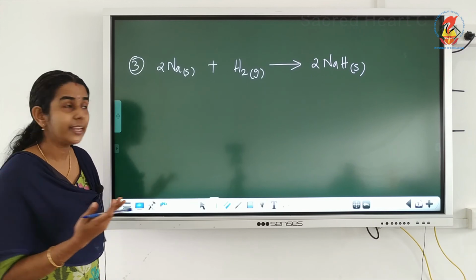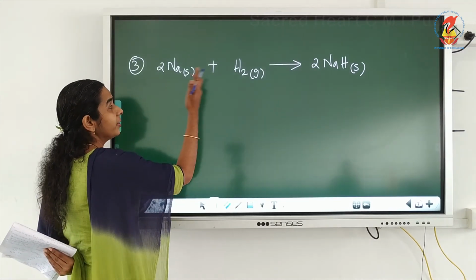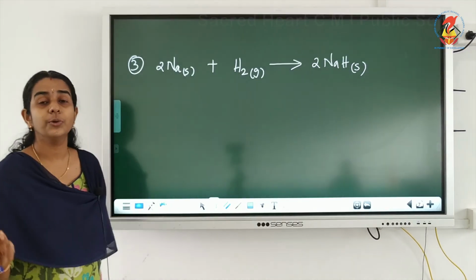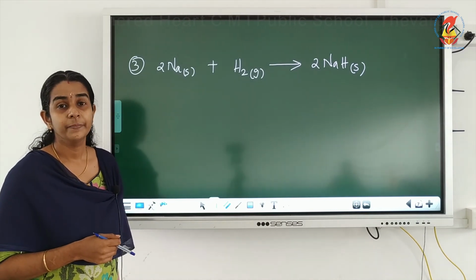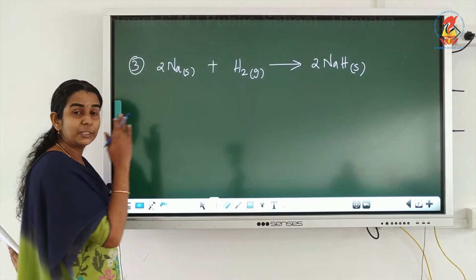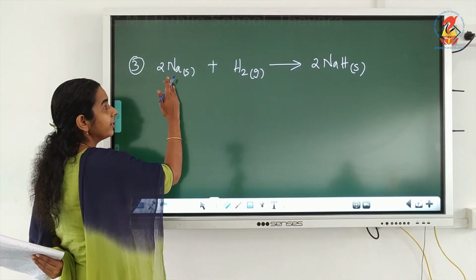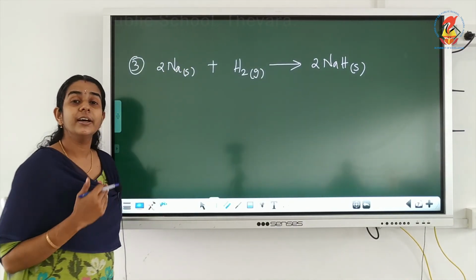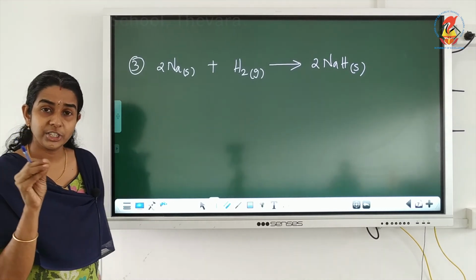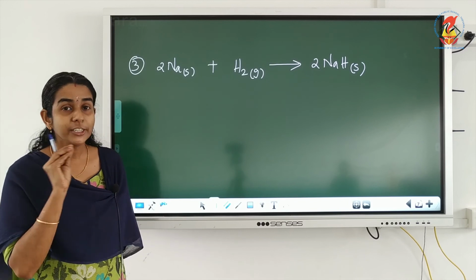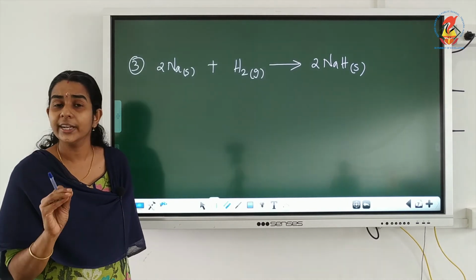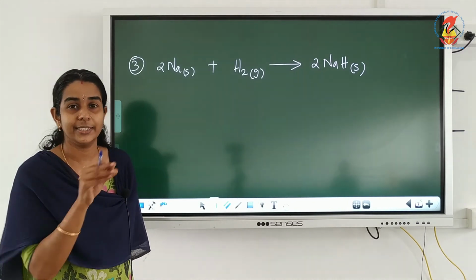We cannot explain based on hydrogen. Sodium is combining with hydrogen, so can we say that sodium is undergoing reduction here? No. So here the explanation is sodium is combining with hydrogen, which is a less electronegative element. It is not an electropositive element, it is electronegative, but its electronegativity is less.